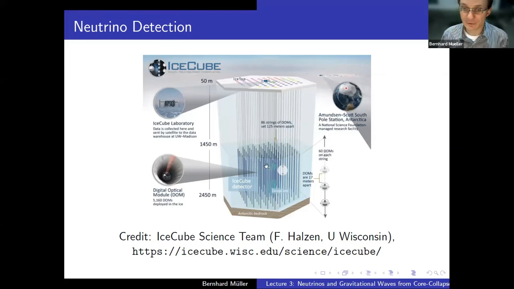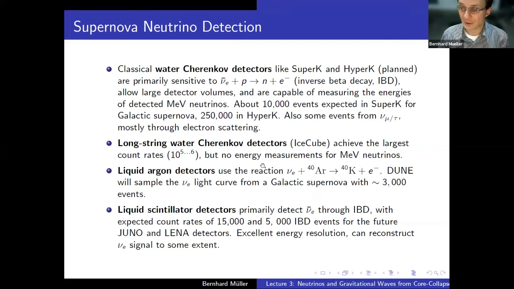But for supernova neutrinos, it has an important downside. It can't give you the neutrino energy. But you get lots of events. So for a galactic supernova, you get hundreds of thousands of events. Same reaction, inverse beta decay, so you're again sensitive to the electron antineutrinos.